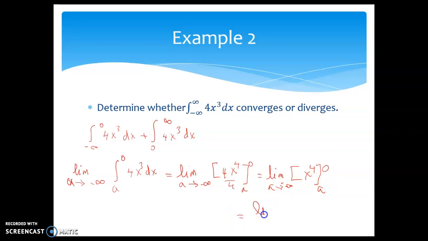So that would be equal to the limit as a goes to negative infinity of 0 minus a to the 4th, and that would be equal to negative infinity. So that means since this one here diverges, this also has to diverge. So the whole problem here diverges. It does not converge.